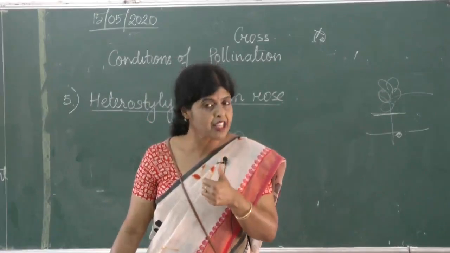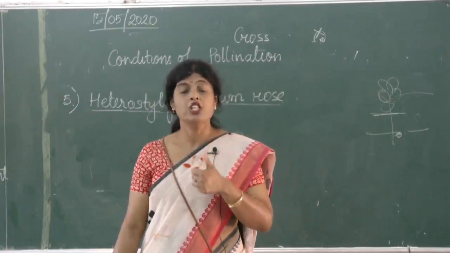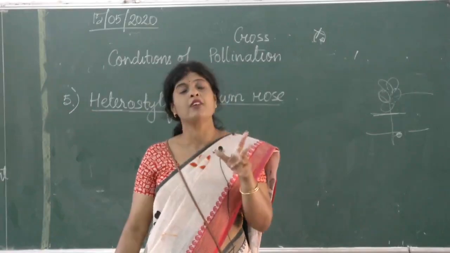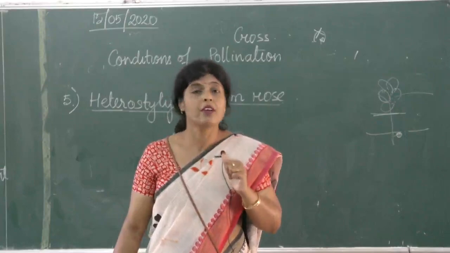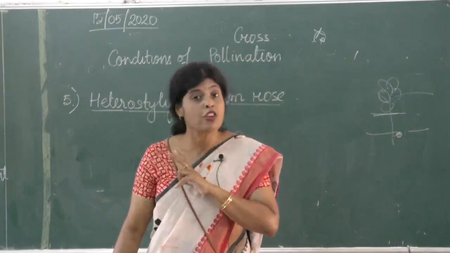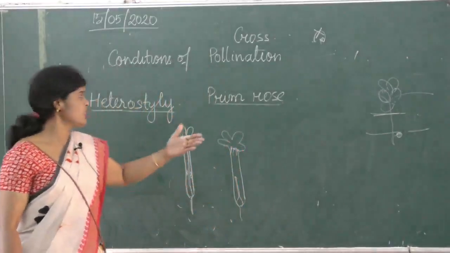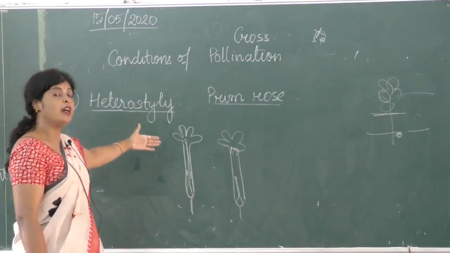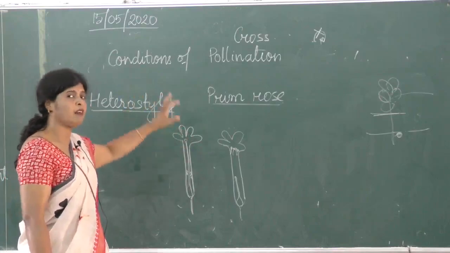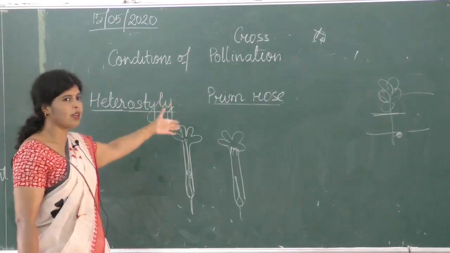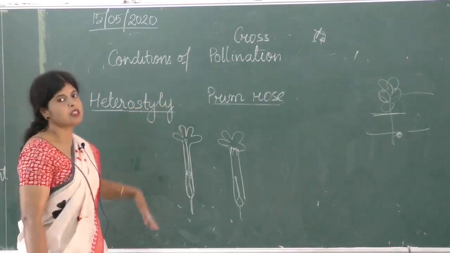They should be bisexual. Not only bisexual, the androecium and gynoecium should mature at the same time, we call it homogamy. They should not be self-sterile. So these are the conditions where the flower, in spite of being bisexual, cannot carry out self-pollination.